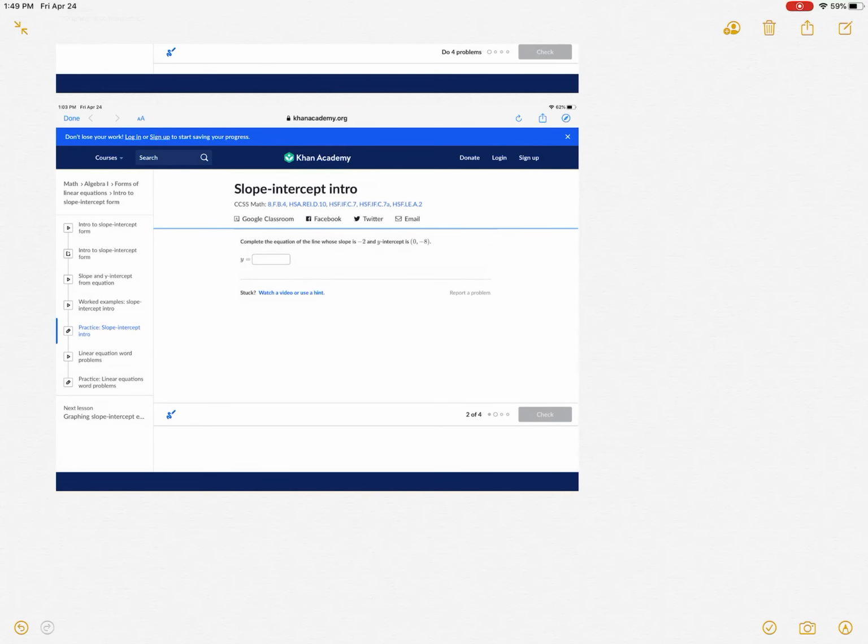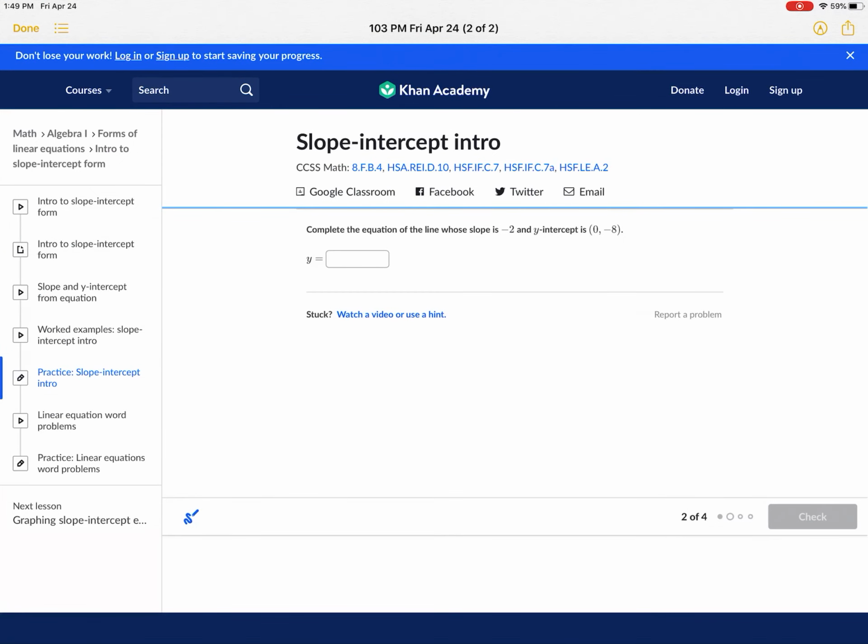Let's go through one more problem that looks a little bit different, but it's asking the same type of information. This one asks us to complete the equation of the line whose slope is negative 2 and y-intercept is (0, -8). What I love about math is you always have options for how you do things.